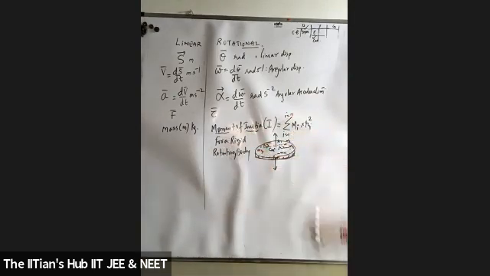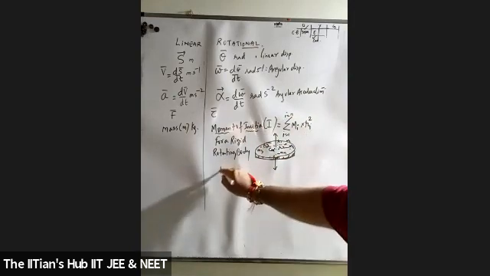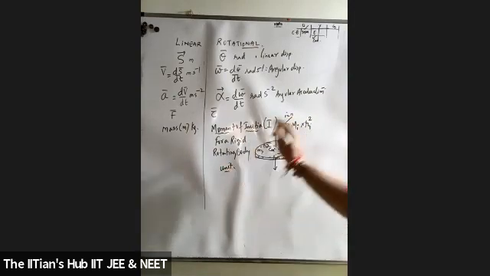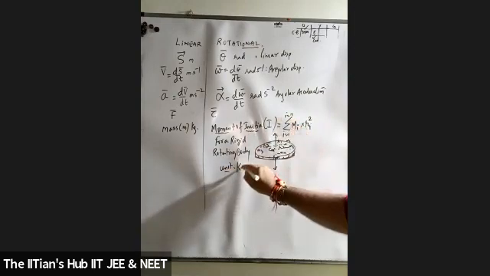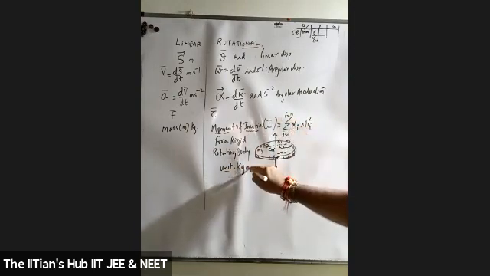And moment of inertia is simply considered a scalar part of it. It's algebraic sum of mi ri square. Its unit we consider as what? Mass, kilogram, square of the distance, meter square.